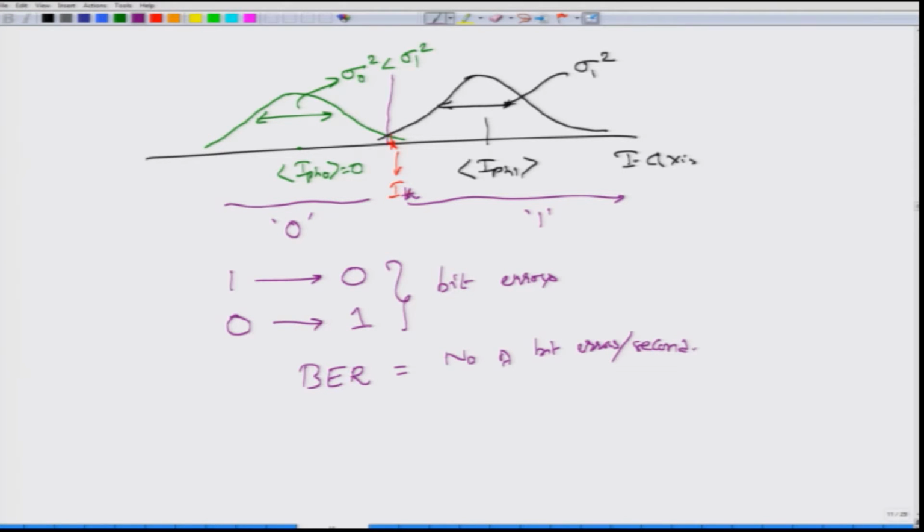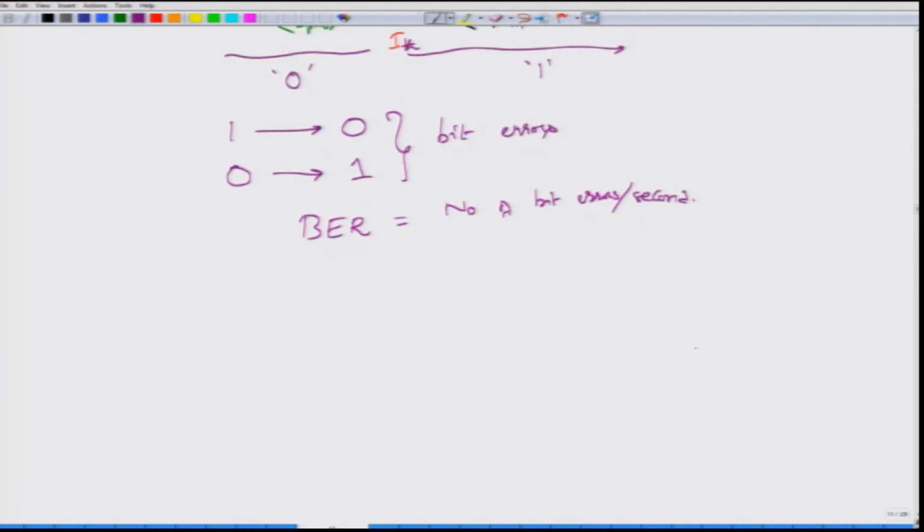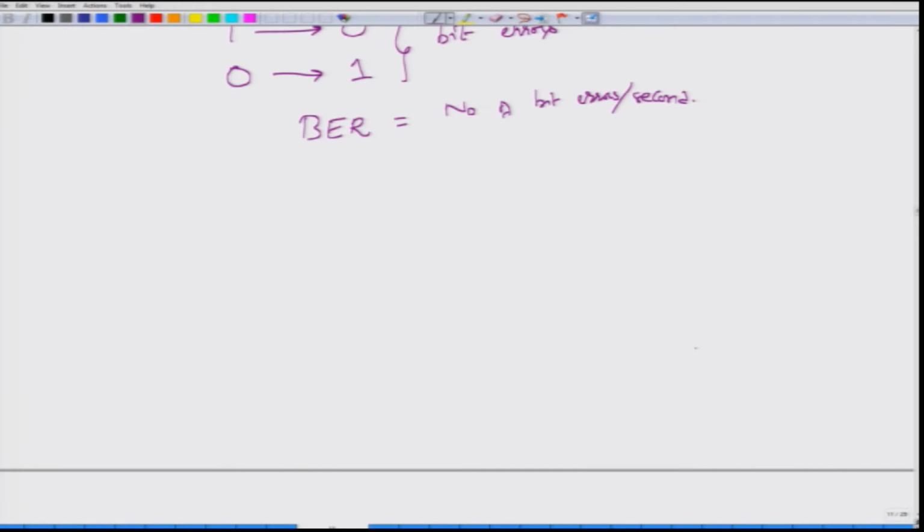This is what the BER is, and we quantify the system by this BER measure, and you want this BER to be very small. Of course, very small would mean 0, but unfortunately that is not the condition. Typical values of BER in optical communication systems at up to 10 Gbps were around 10 to the power minus 9.